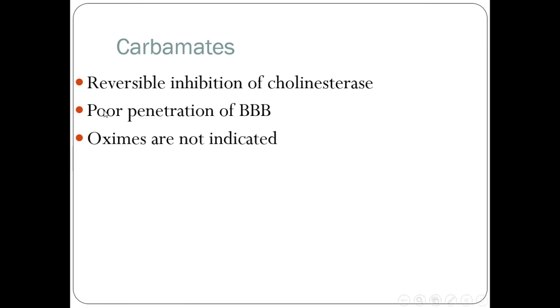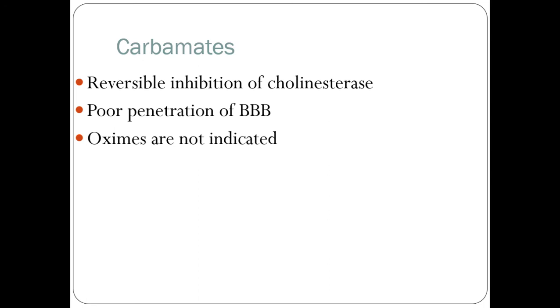Okay, carbamates are another type of cholinesterase inhibitor. The difference between carbamates and organophosphate is, number one, it has reversible inhibition of the cholinesterase enzyme, so we don't need oximes. Also, it has poor penetration of the blood-brain barrier, so we have no central manifestations. And oximes are not indicated, as I told you, because the inhibition of cholinesterase is self-limited.